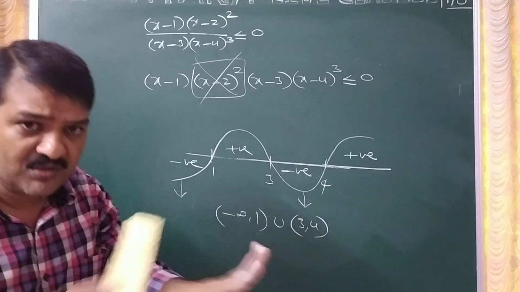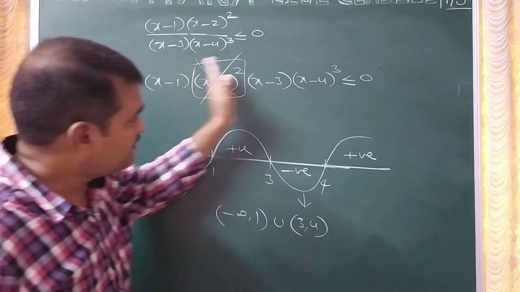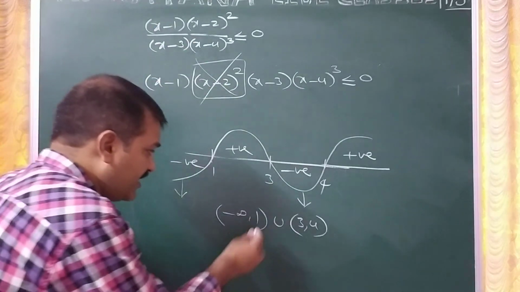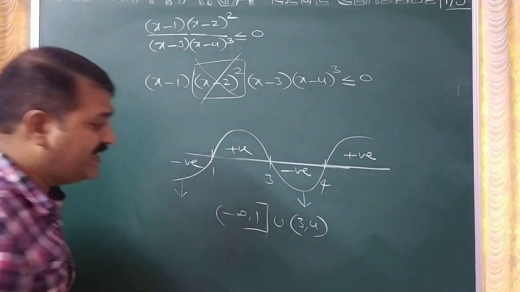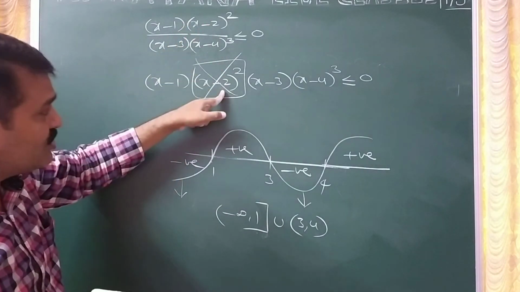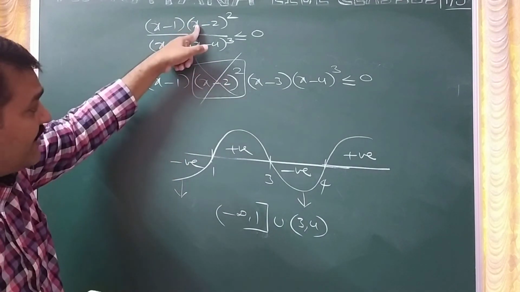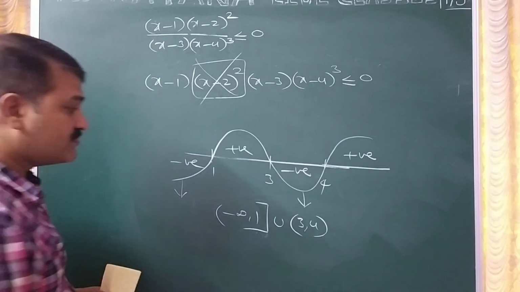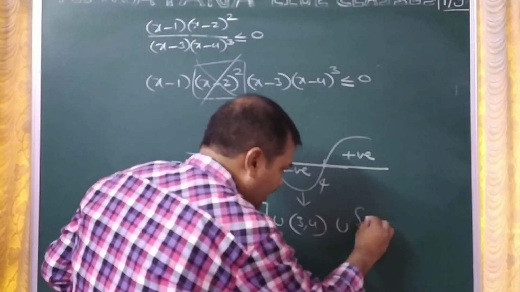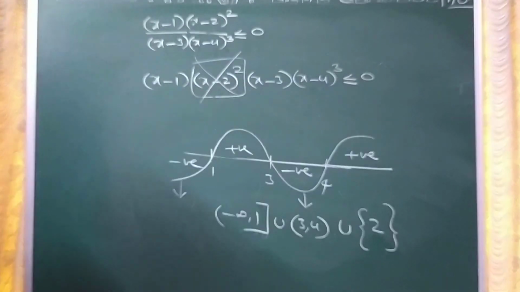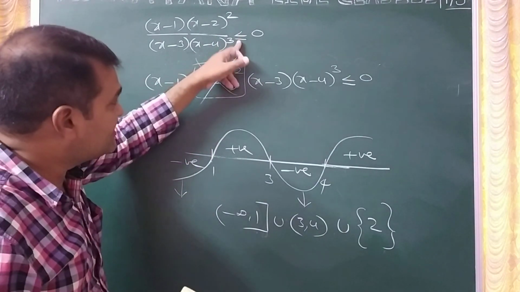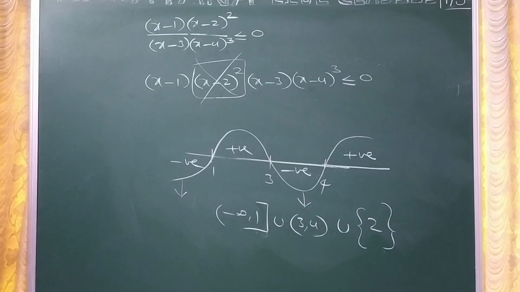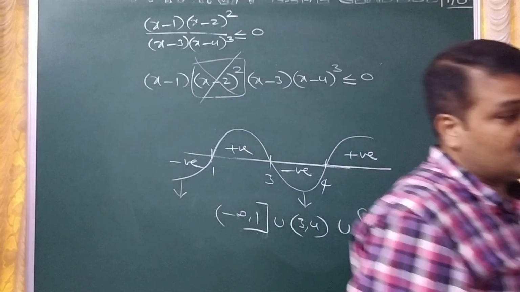The total expression can be 0, so you can include 1 and 2. We had excluded 2, but you can include 2 also because the expression can be 0. The solution will change like this if you have less than or equal to 0. So this is the process of solving inequations of degree higher than 2.